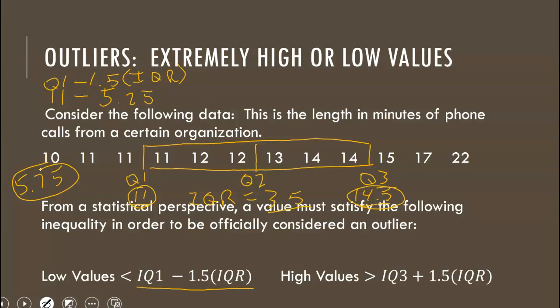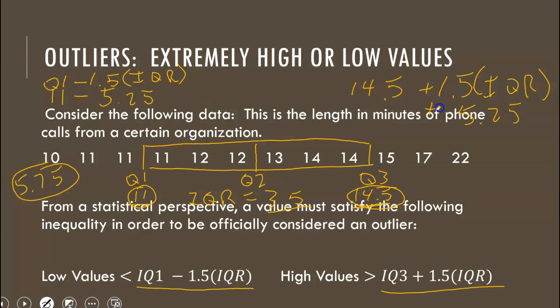Well, there is a similar formula for determining whether something could be considered an outlier because it's too high of a number. That's going to be our Q3 value, which in this case is 14.5. And then we're going to add 1.5 times our interquartile range. So we take 1.5 times 3.5, and that's 5.25.